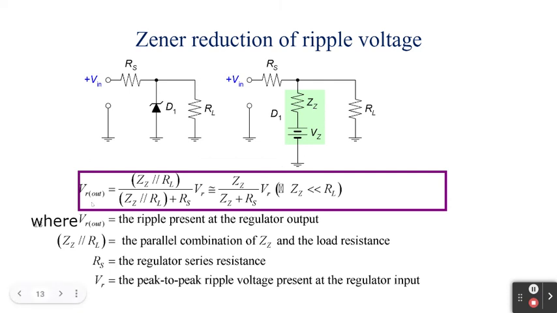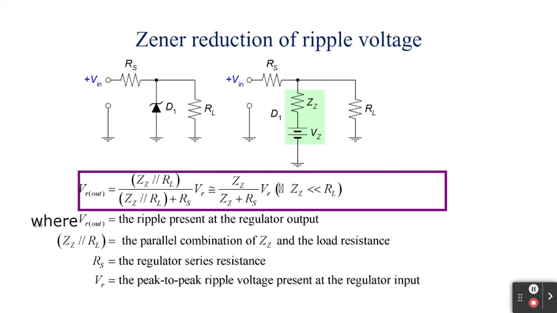To calculate the VR out, we can use ZZ parallel to RL. As you can see here, the Zener impedance is parallel to the RL.